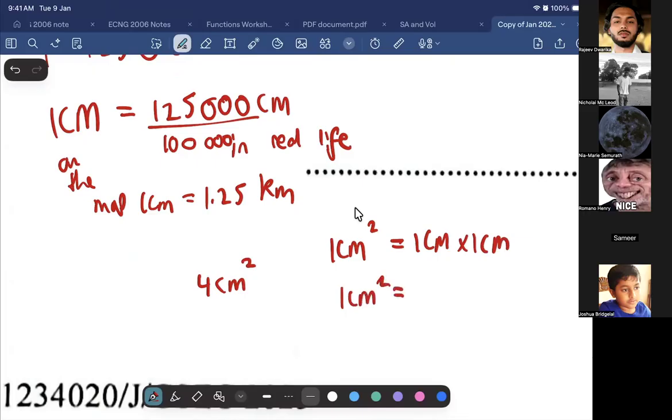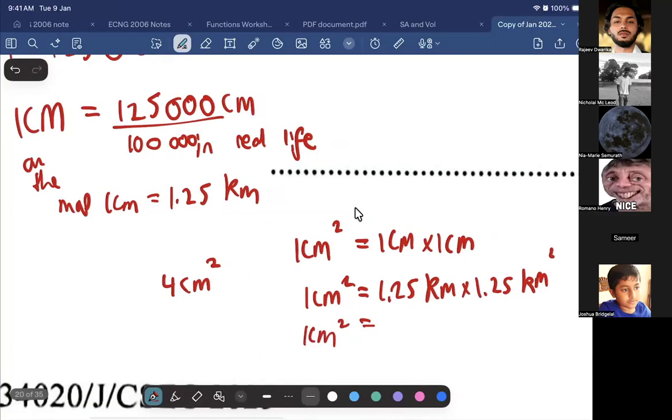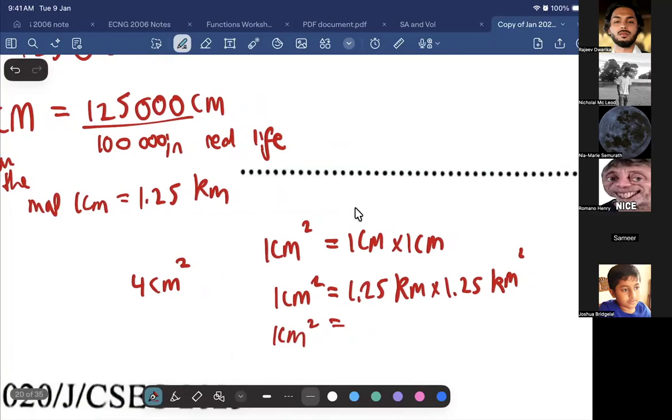What does 1 centimeter represent? 1.25 kilometers. So 1 centimeter squared actually represents 1.25 by 1.25. 1.56.